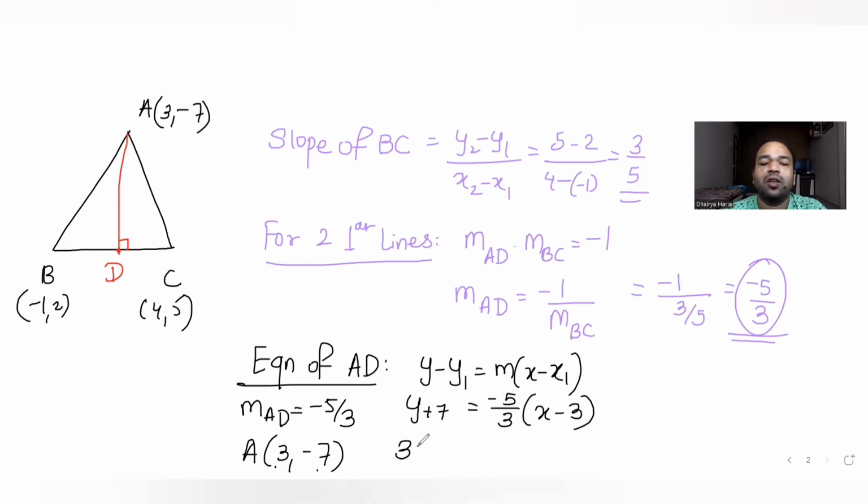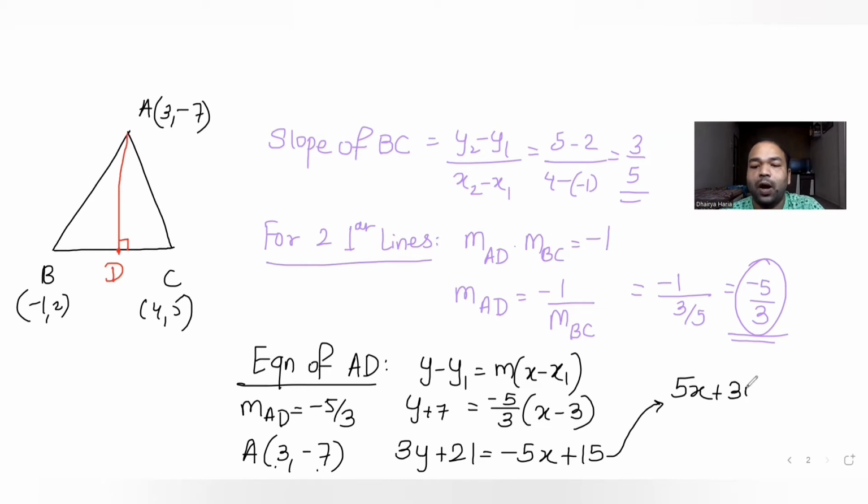So you get 3y plus 21 is equal to minus 5x plus 15. Minus 5x goes to the other side, making it 5x plus 3y is equal to 15 minus 21, which is minus 6. So you get the first equation of the altitude AD.